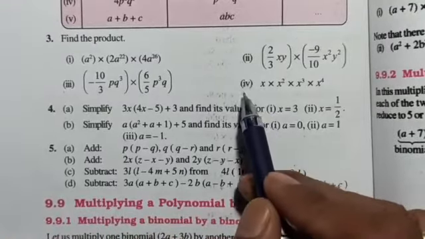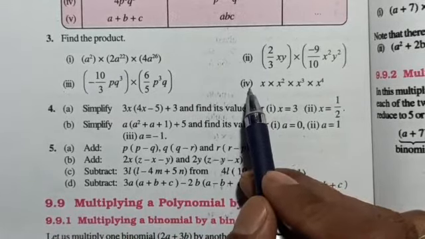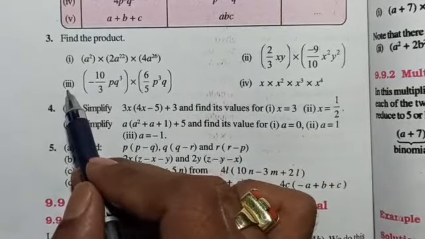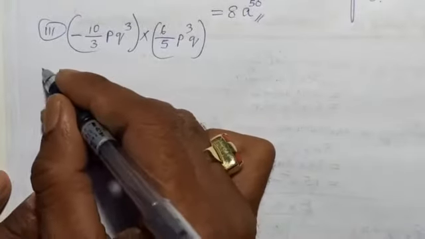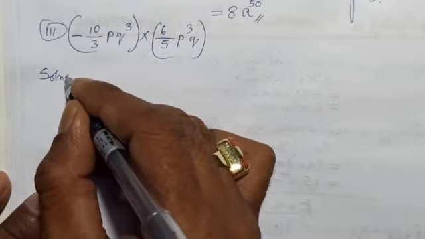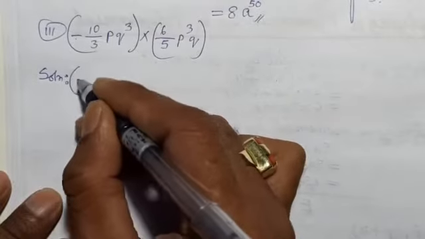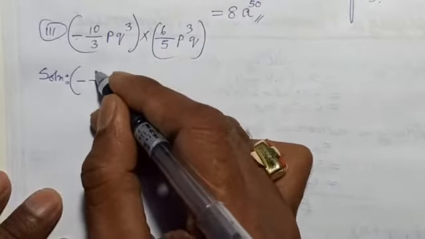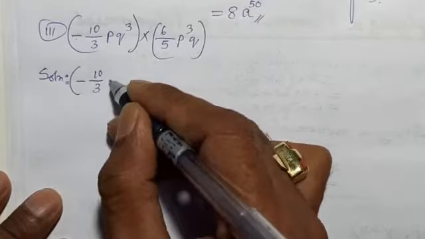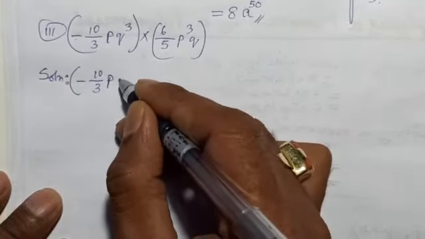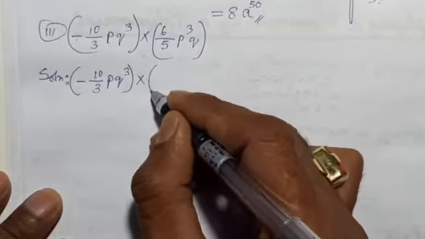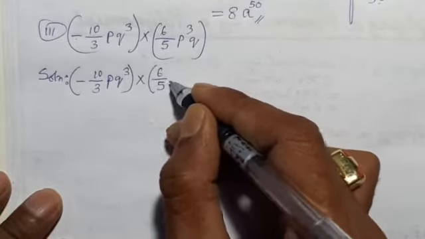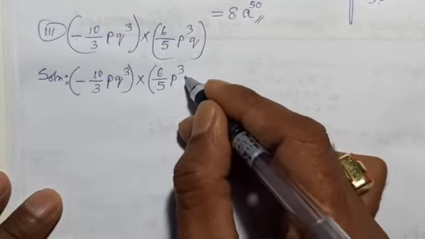Roman number 2 and Roman number 4 you try, and now I will solve this Roman number 3. So this is the question, now solution. Minus 10 by 3 p q to the power 3 bracket close into 6 by 5 p to the power 3 q.